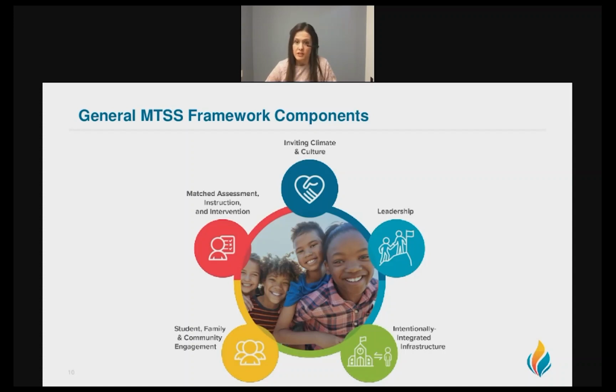When our district leaders and the people in our schools are supporting the initiatives that we have, leadership is a very integral part of ensuring that MTSS can kind of hit the ground running and that we can have greater outcomes for students. From there, it's very important that with that leadership that we are also putting in place the infrastructure and making sure that we're very intentional about aligning the different resources we have within the school.